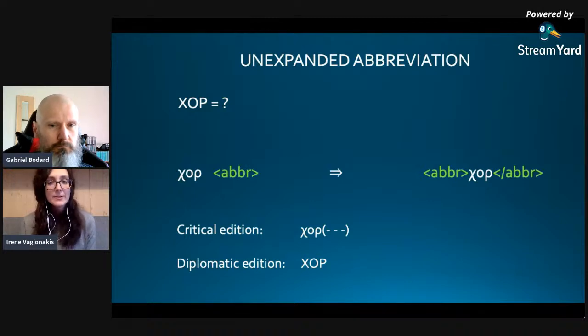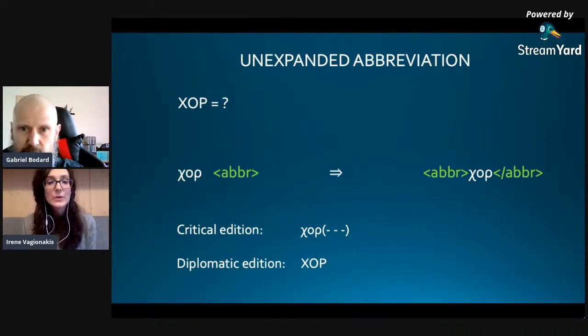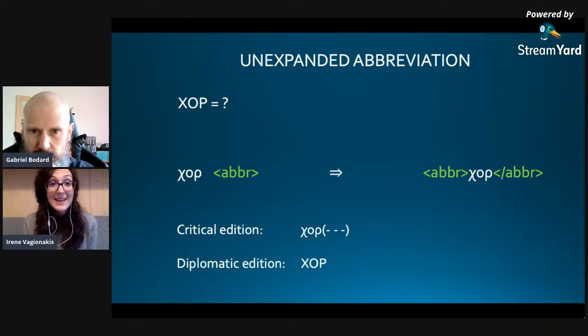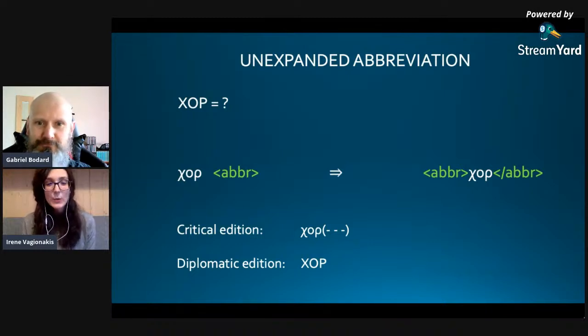Then we can have another different case, which is the unexpanded abbreviation. So, for example, we can have hor, standing for something that we do not know. So in this case, we are not using expan and ex, we are just using the abbr element surrounding what is actually preserved on the stone. So in this case, just abbr surrounding hor.